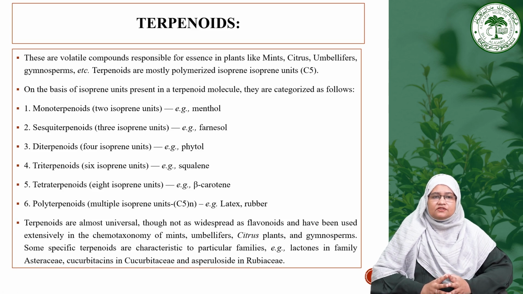So these terpenoids are almost universal, although not as widespread as flavonoids, and have been used extensively in the chemotaxonomy of mint, umbelliferous, citrus plants and gymnosperms.